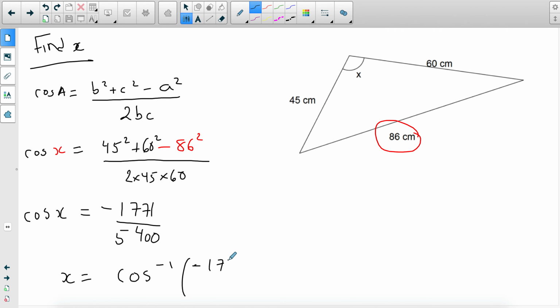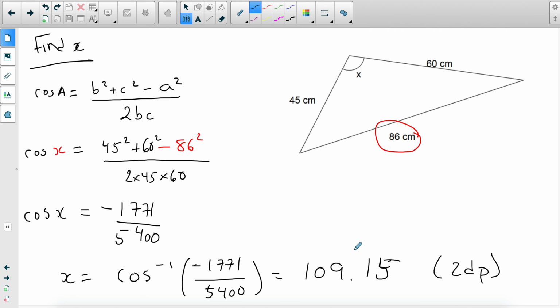So cos inverse of negative 1,771 over 5,400, and let's round it to 2 decimal places. So this is the angle, 109.15.